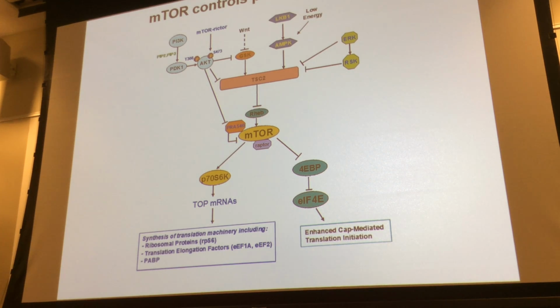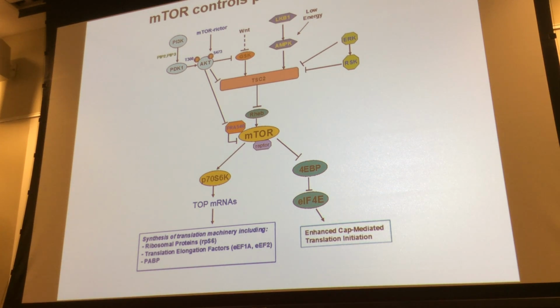So do you get that? Because of inhibition of 4E-BP, it liberates 4E to participate in the translation, which involves being part of the big complex, the eIF4F complex. All right, I know this is kind of complicated, and there are many studies on it.